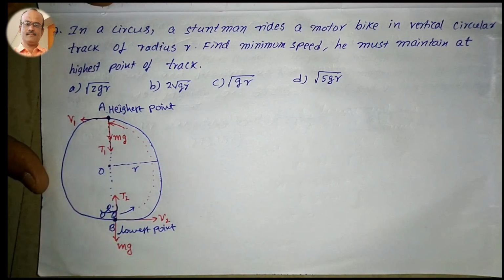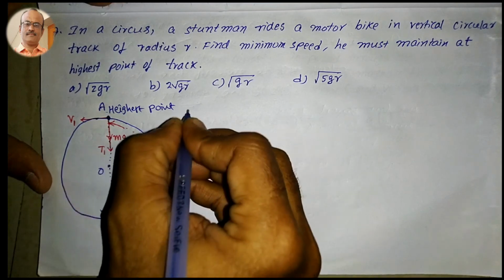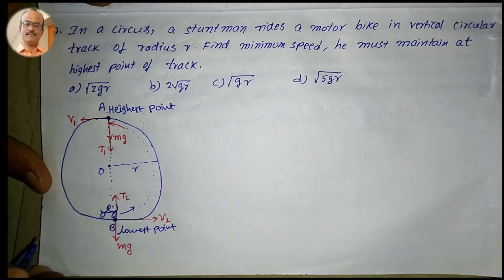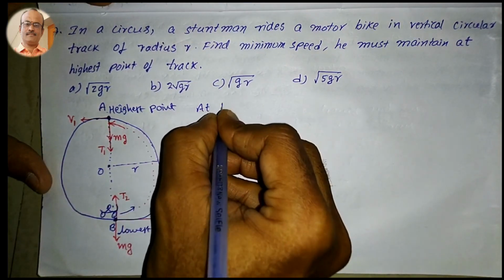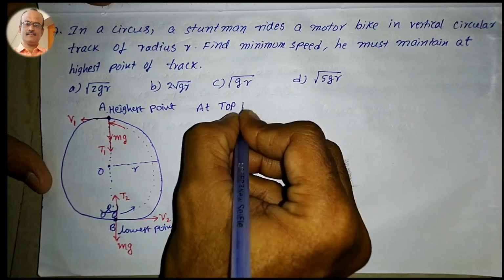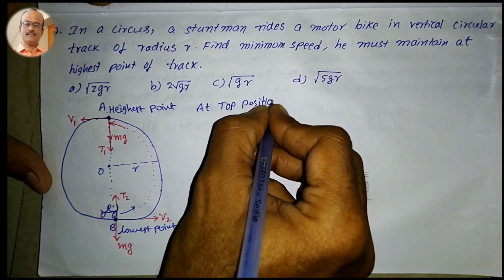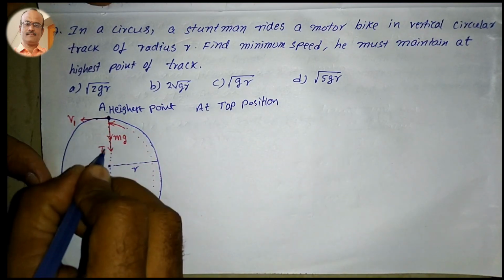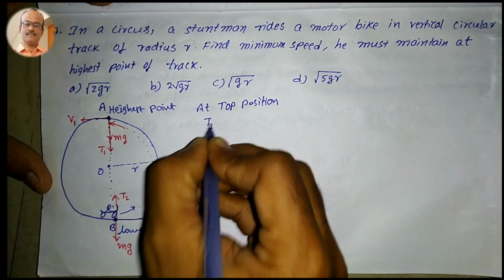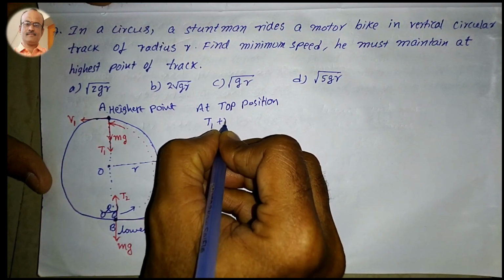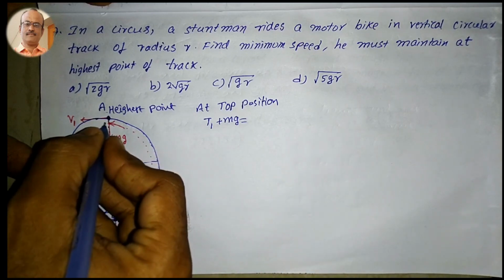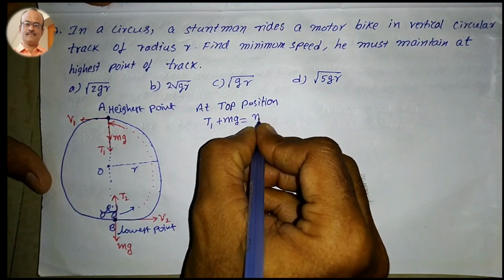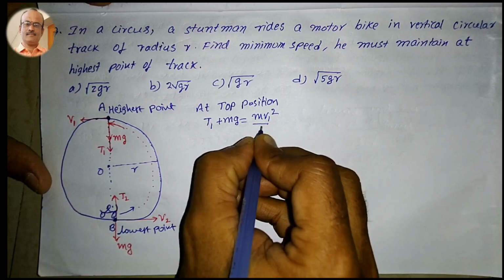Now first I want to find the minimum speed he must maintain at the highest point. So at the top position, I will apply the free body diagram. T1 acting downward plus mg is equal to the force acting toward the center, that means m v1 square divided by r.